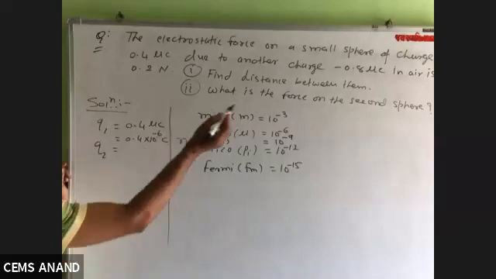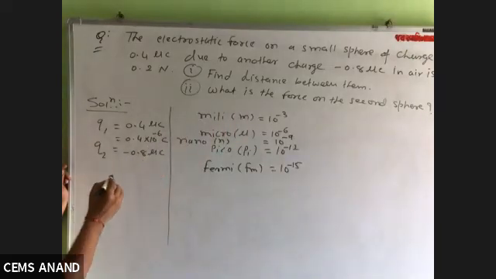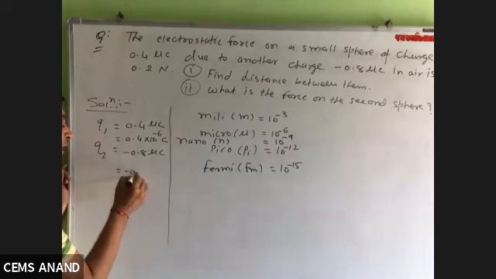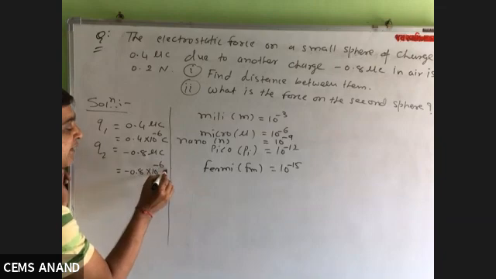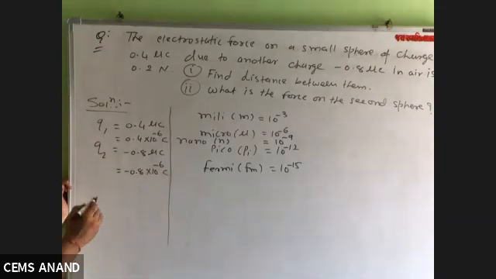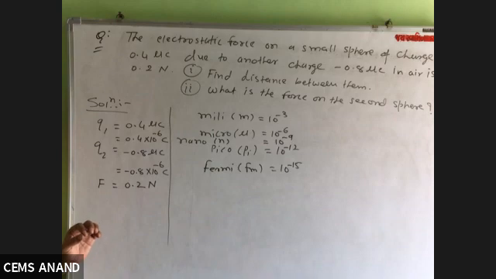Okay. Similarly, for the second case, it is minus 0.8 microcoulomb. We have to convert it as 0.8 into 10 raised to minus 6 coulomb. Now the force between them is given, which is 0.2 Newton. And we know that for the electrical force between two unlike charges, we can see that the charges given here are unlike.